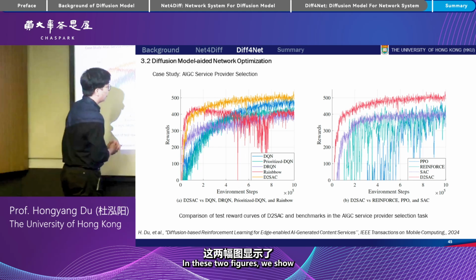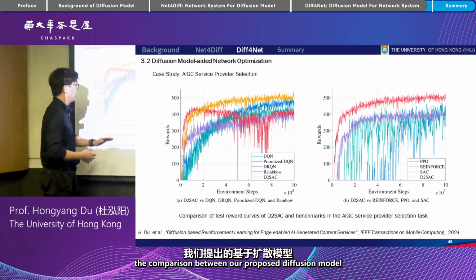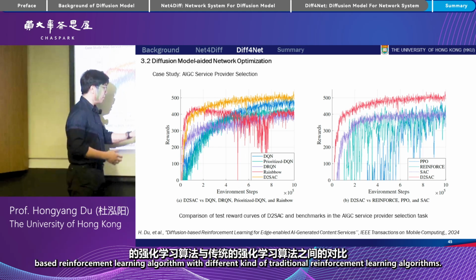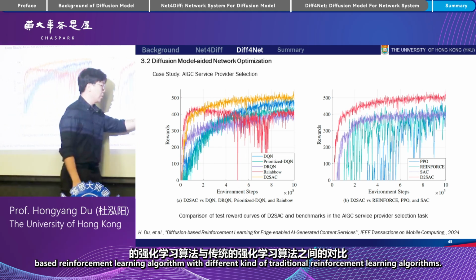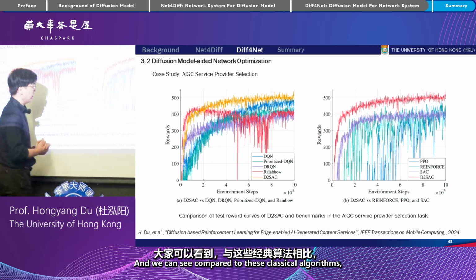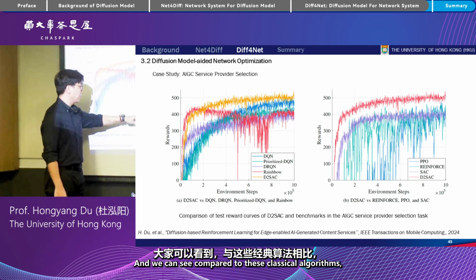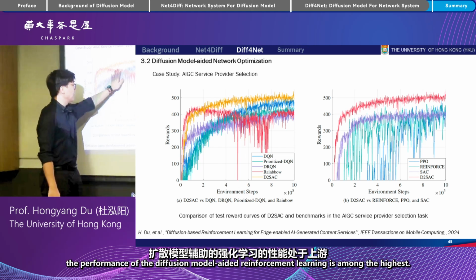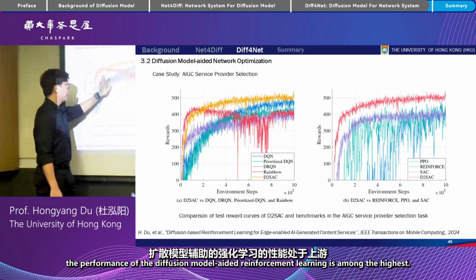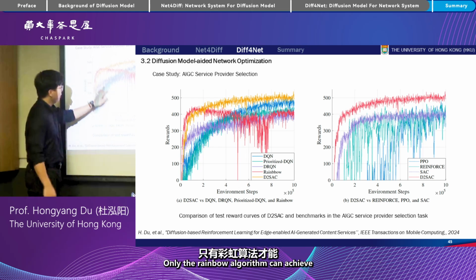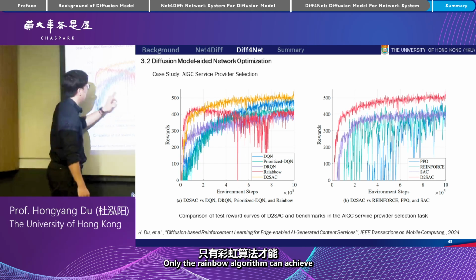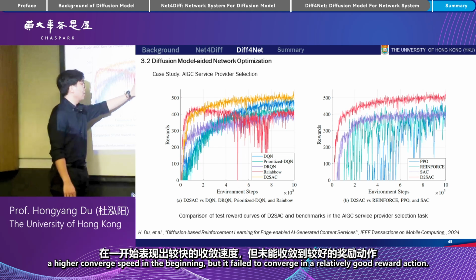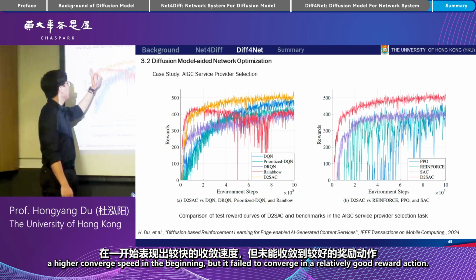In these two figures, we show the comparison between our proposed diffusion model-based reinforcement learning algorithm and different kinds of traditional reinforcement learning algorithms. As we can see, compared to these classical algorithms, the performance of the diffusion model-aided reinforcement learning is among the highest. Only the Rainbow algorithm can achieve a higher convergence speed in the beginning, but it failed to converge to a relatively good reward.